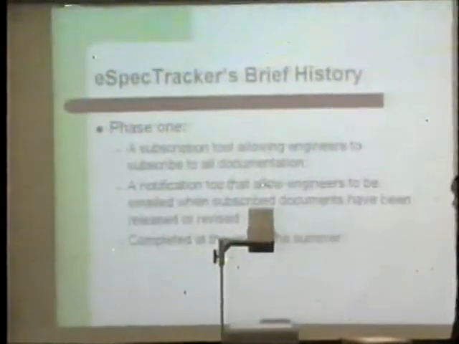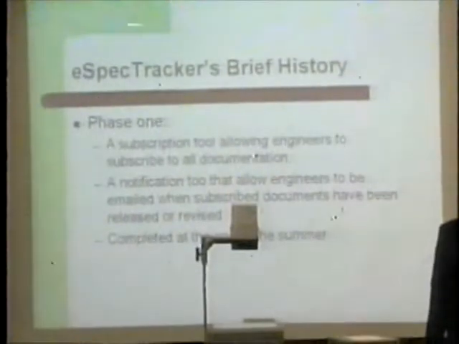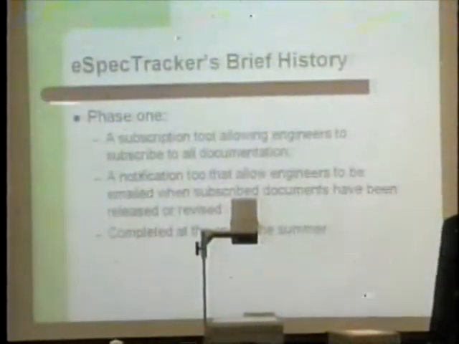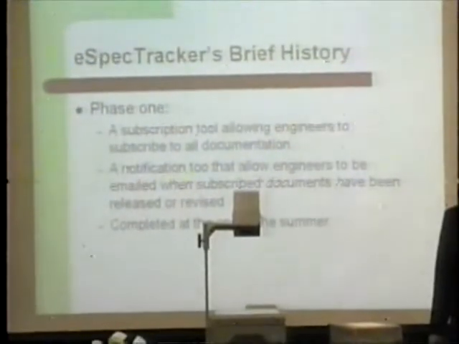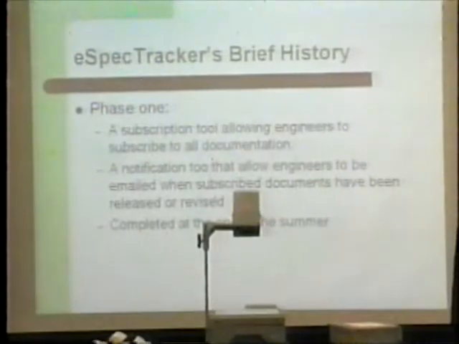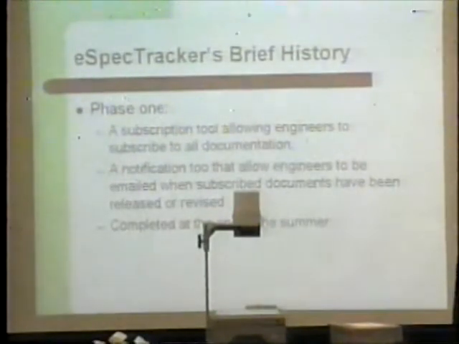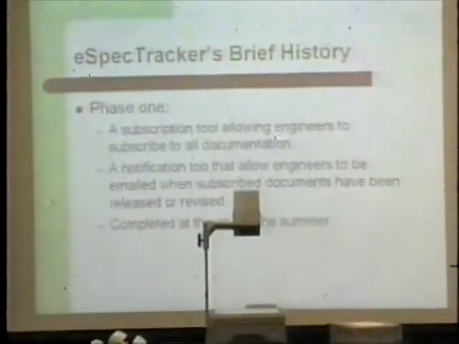And my tool allows engineers to go in and subscribe to a list of documents related to the requisition or purchase order that they're working on. And there's actually an option that they can receive emails when these documents have either been released for the first time or been updated. That way the engineers are always working from the most current document.